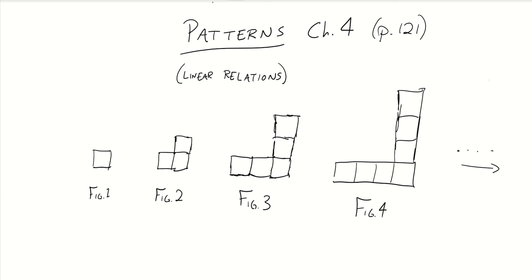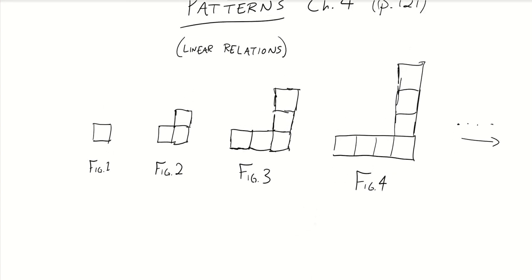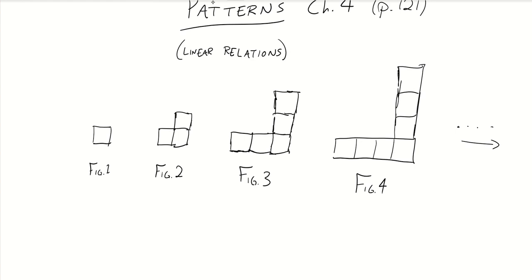And let's look at some relationships between the figures that are drawn and how we've numbered the figures. So if we look at figure one, and let's draw it like this, how many squares exist in figure one?